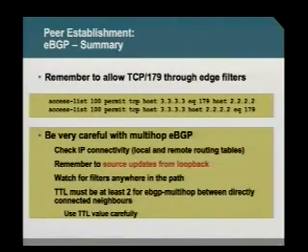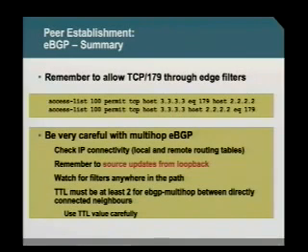So, summary of all this. The first thing is to remember to allow TCP 179 through edge filters. People frequently forget that, especially those who are very aggressive at filtering on the edge of the network. So I put an example access list in there. Be very careful with the multi-hop eBGP. As I said earlier, I really dislike it, just because I spend far too much time helping people troubleshoot it.